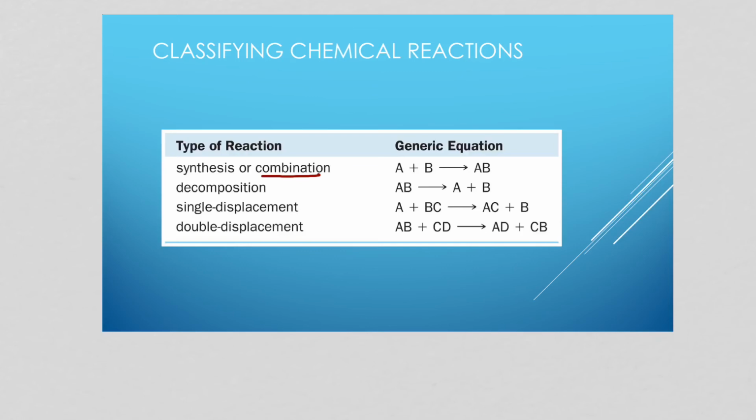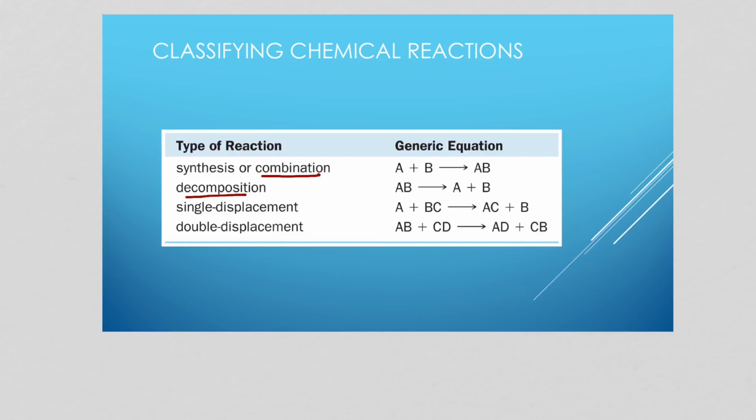We are combining things, so we end up with fewer species. We have decomposition, which is just the opposite. We have one material, or sometimes 2 materials, breaking down into other materials. So we have a breakdown of materials.